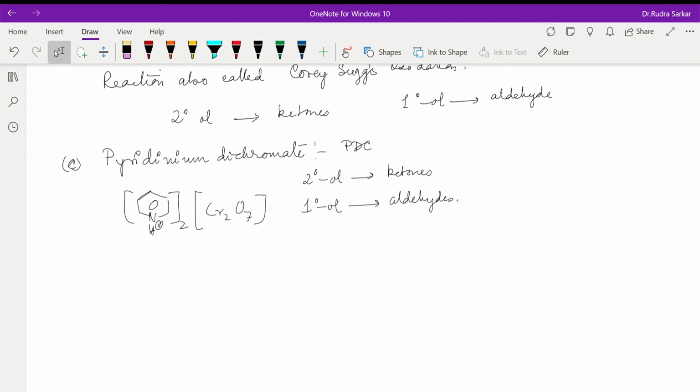Another variation that we can think of over here is known as Collins reagent.